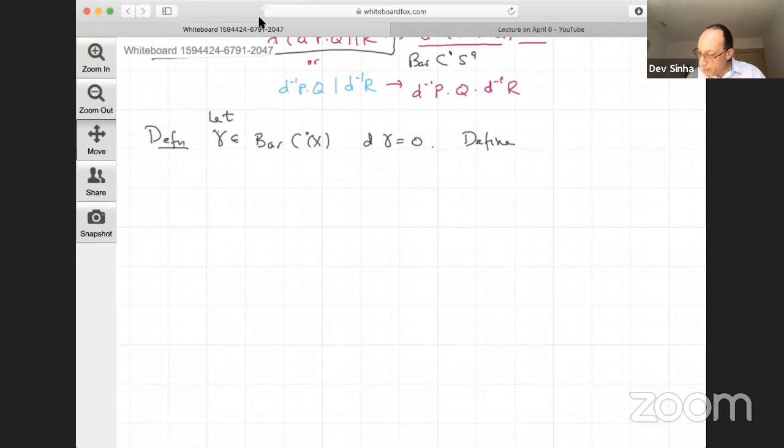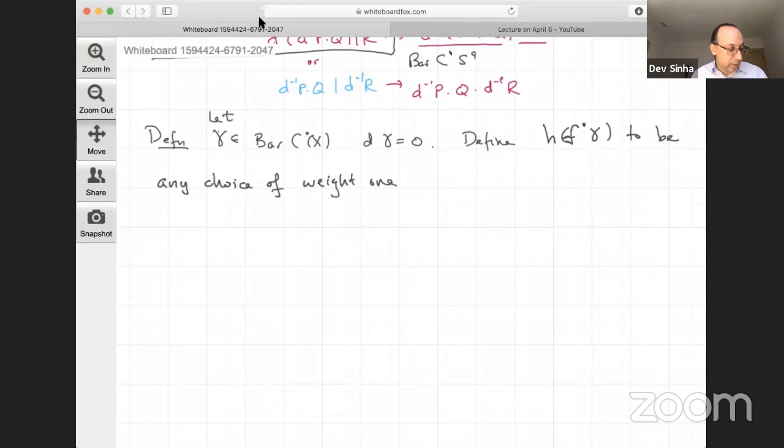Let's just define H of the pullback of this cocycle to be any choice of weight 1, or you could even say weight 0, cocycle cohomologous to gamma.